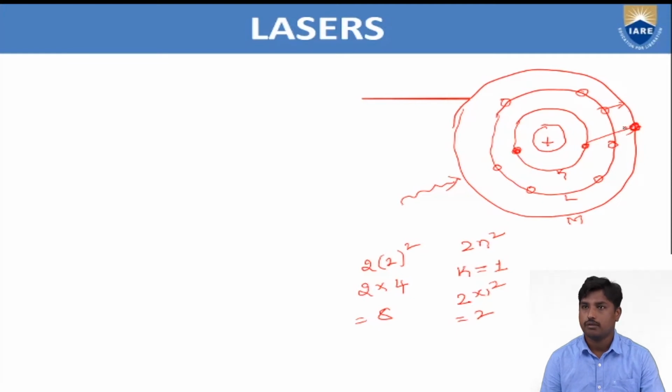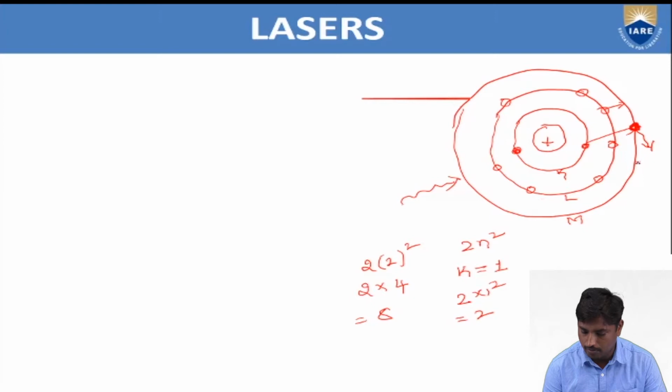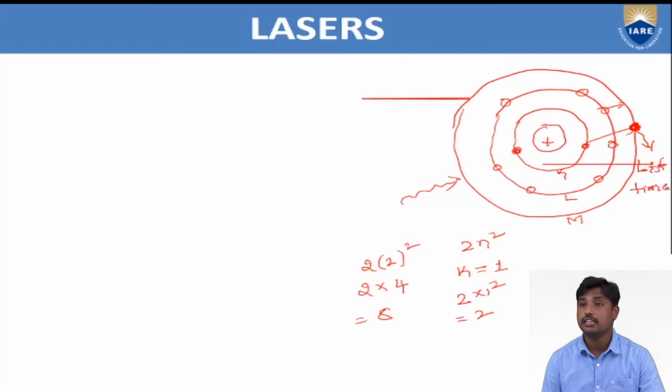It stays some time in the excited state, called its lifetime. After the lifetime, the electron is de-excited to the lower energy state.